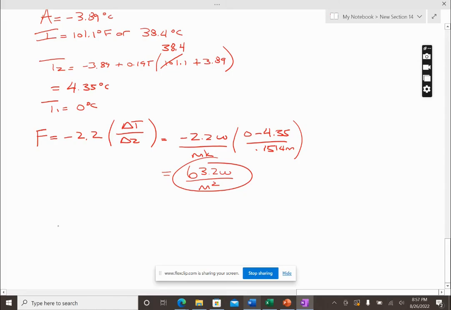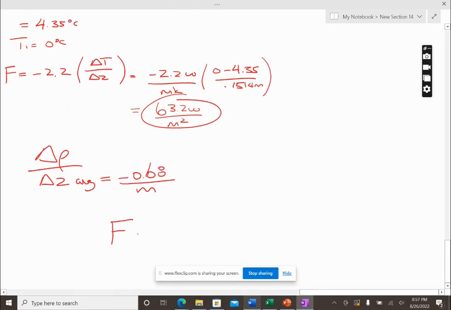But now I'm going to use the prediction. So we remember that delta P over delta Z average was equal to approximately negative 0.68 divided by meters. So thus, prediction equals negative 2.2 times negative 0.68 times 101.1. Oh, this has to be in Celsius, 38.4 plus 3.89.